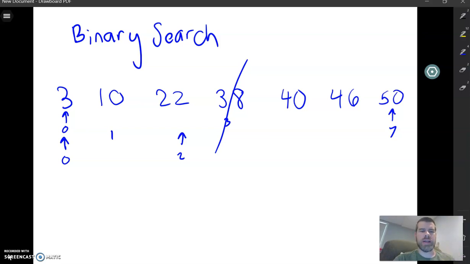If we were looking for something else, let's say we're looking for 17. We would say, all right, is 17 equal to 10? No, it's not, but it's bigger than 10. So then we would call it again, and we would want to eliminate the 1 and go to the right of it. So we'd be at index 2. Then we'd be searching from index 2 to index 2 when we called it the next time.